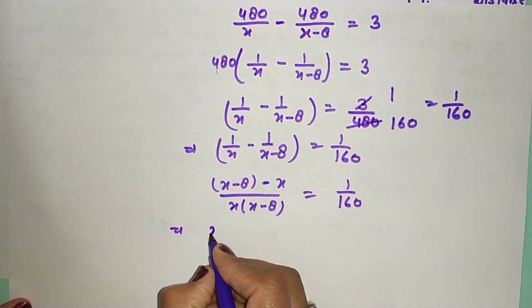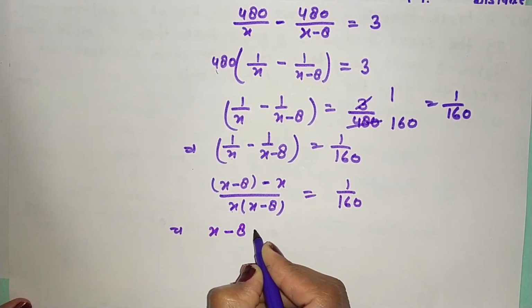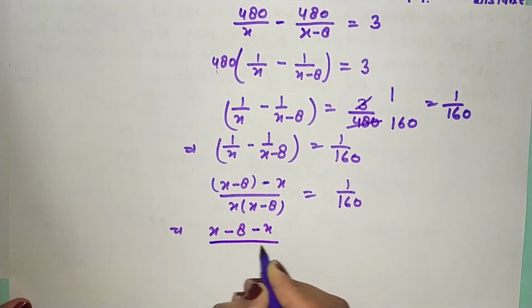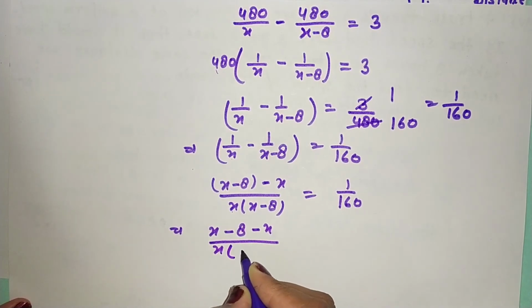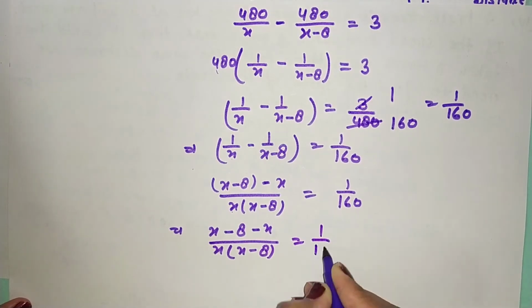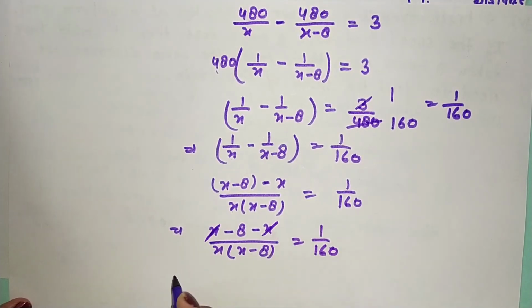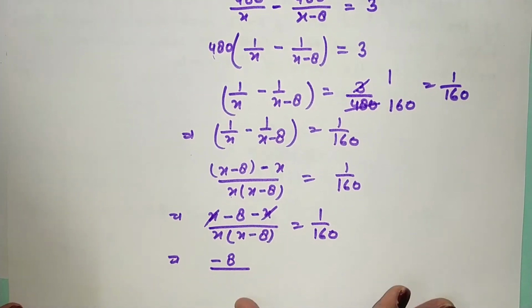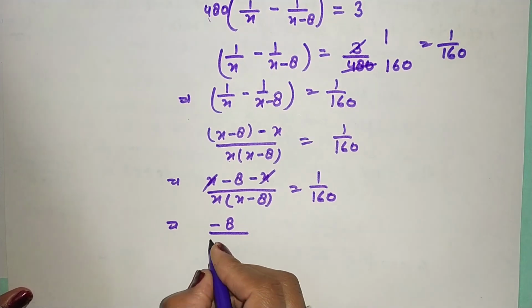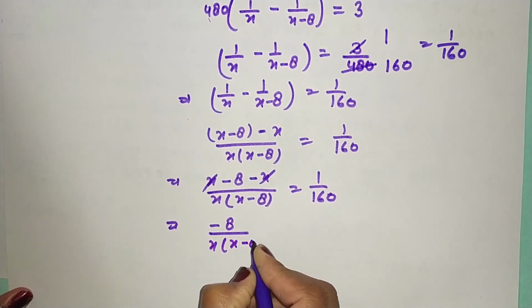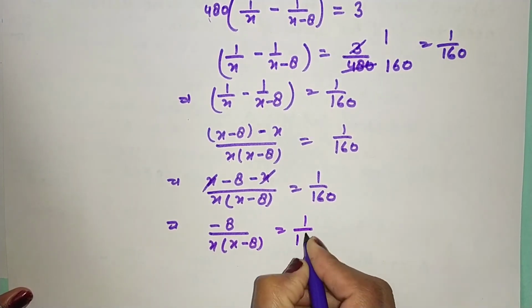So x minus 8 minus x, and x is cancelled by x, and we get minus 8 upon x multiplied by x minus 8 is equal to 1 upon 160.